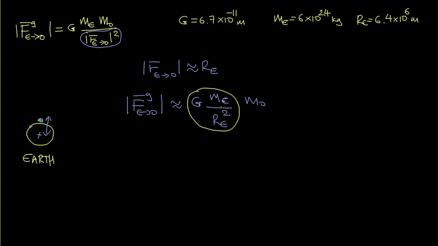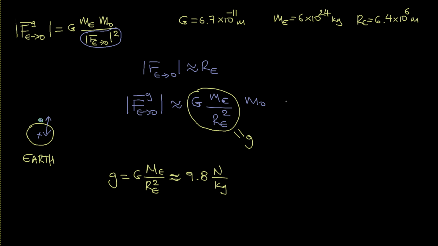You have G, the mass of the Earth, over the radius of the Earth squared. Now, this is what we call the constant g, lowercase g, and this is how we define this number: G, the mass of the Earth, over the radius of the Earth squared. Now, if you plug in these numbers for Earth, you will find this to be roughly 9.8 newtons per kilogram.